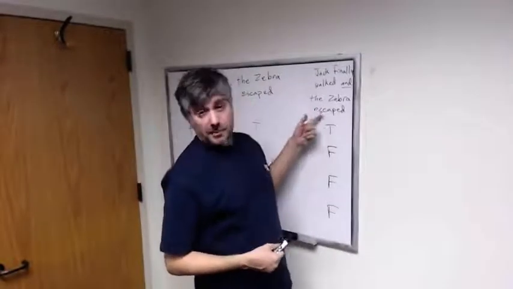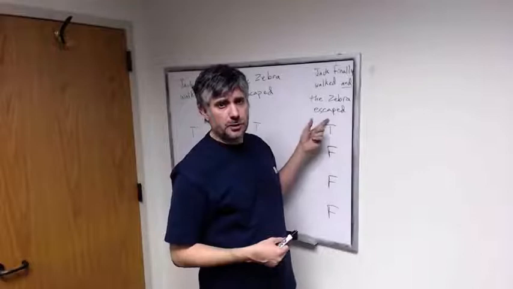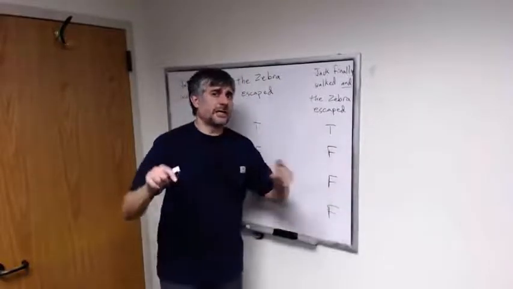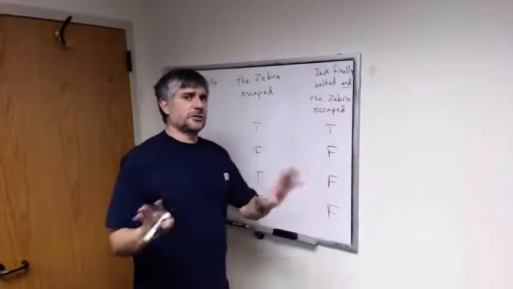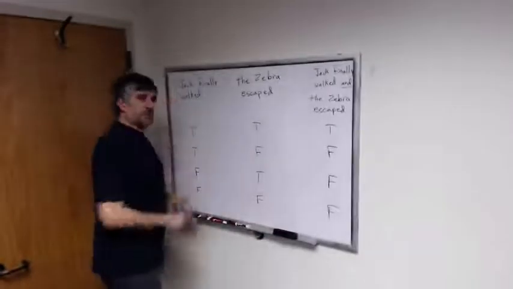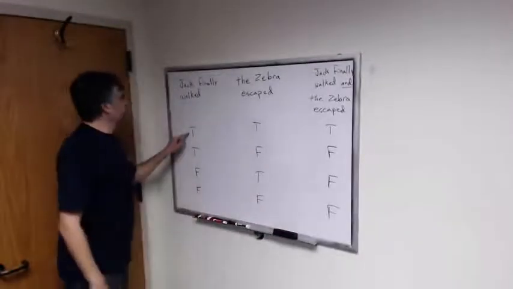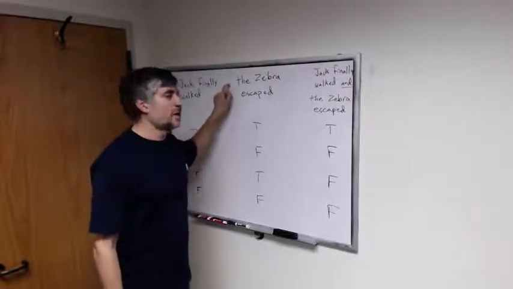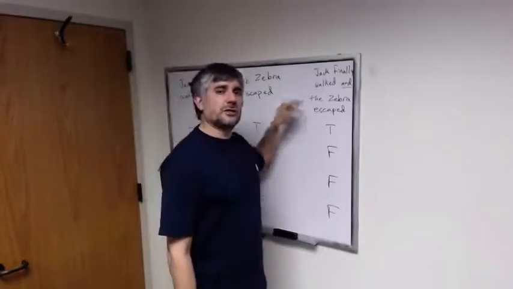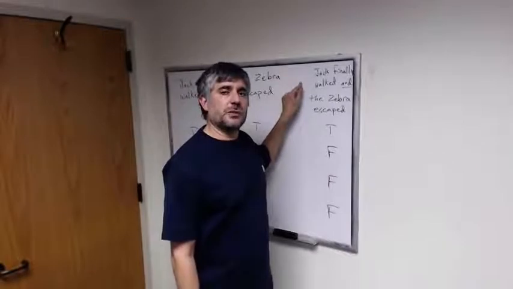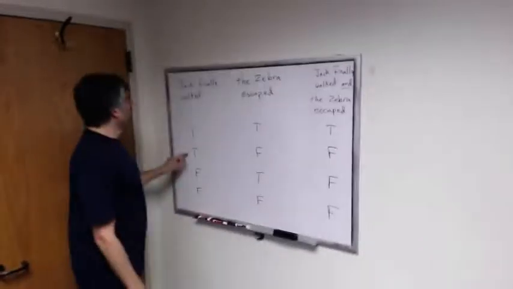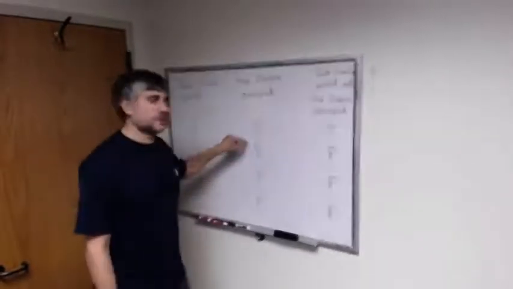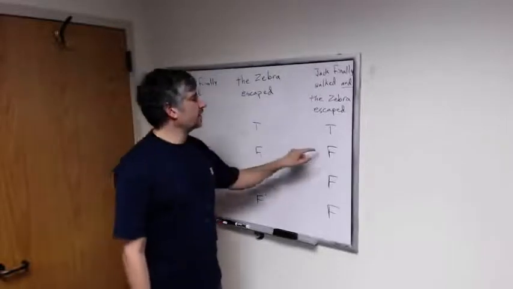Now, when is that proposition going to be true? Well, again, it depends just on when these propositions are true. So if it's true that Jack finally walked and it's also true that the zebra escaped, then it's going to be true that Jack finally walked and the zebra escaped. If it's true that Jack finally walked but it's false that the zebra escaped, then it's going to be false.